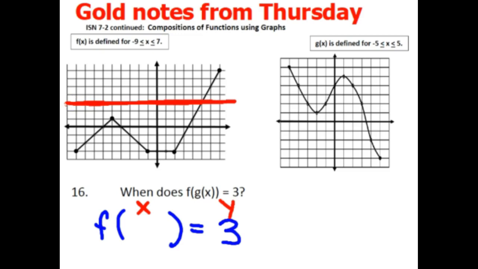I'm counting on the Y-axis because this is a Y number. This point right here where it crosses my graph is 5, 3. If f of 5 is equal to 3, that's the point 5, 3.